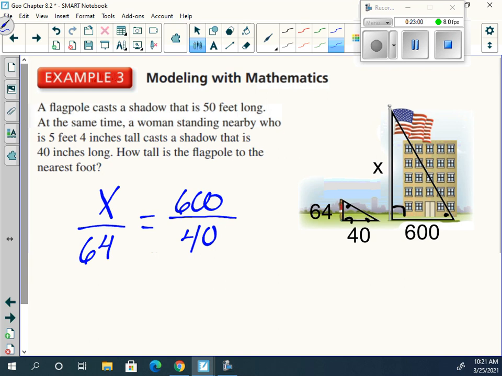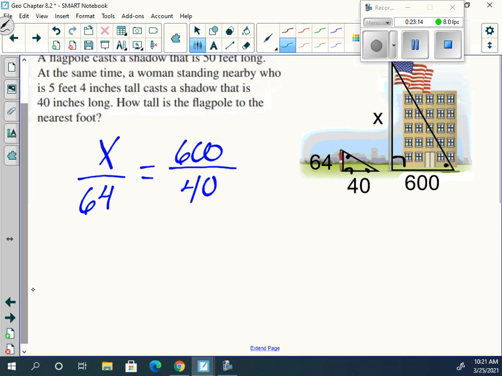We have the height of the flagpole over the height of the woman is equal to the distance of the shadow over the distance of the shadow. Any questions on how we set this up? Okay, what can we do next?